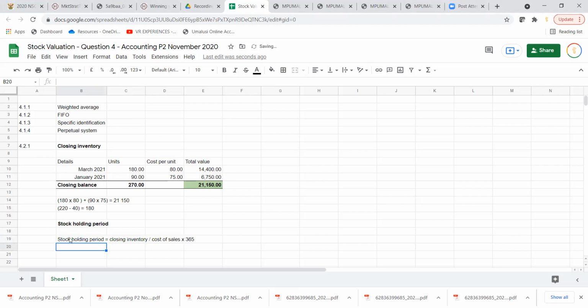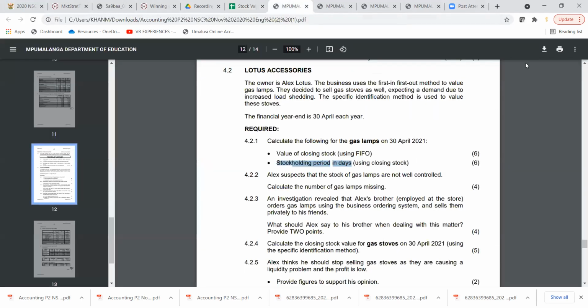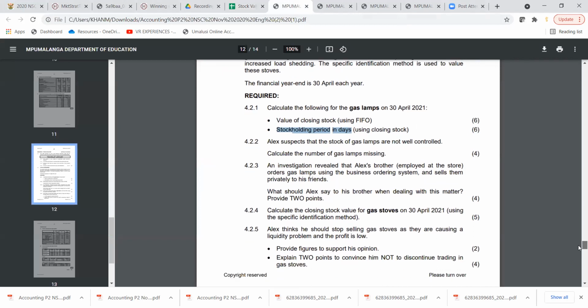Okay, so that's the formula, and I'm pretty sure they had the formula here at the bottom.